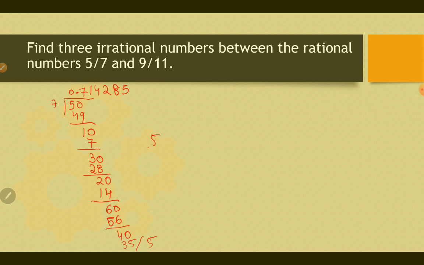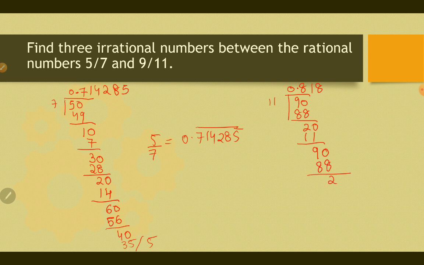So 5 by 7 is equal to 0.714285 with the whole block repeating. Same way 9 by 11, 11 outside, 9 inside. So 0.90, 8 elevens are 88, 20, 1 eleven is 11, 9, 0, 8 elevens are 88, 2, 0, 11.